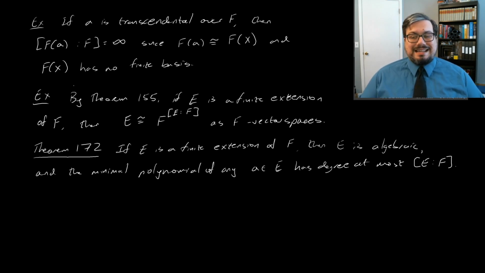A finite extension is algebraic, meaning that every element of E is the root of some polynomial over F. Furthermore, the minimal polynomials of these elements have degrees that are bounded by the degree of the extension.